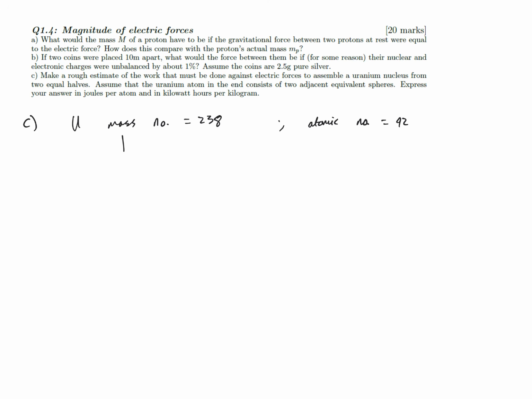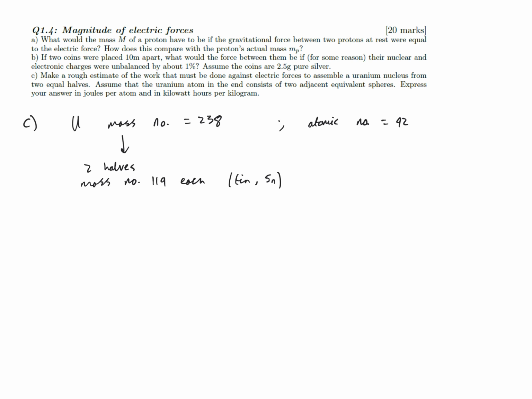So if we have two halves initially, then they would have a mass number of 119 each. And that, of course, corresponds to tin. So what we're imagining here is we're bringing together two tin atoms to try to make a uranium atom by a process of nuclear fusion.